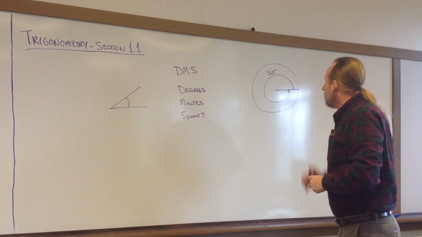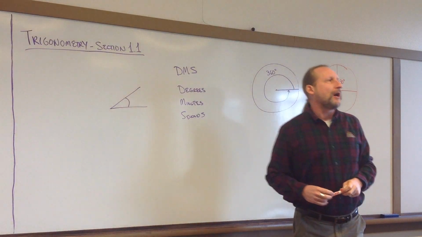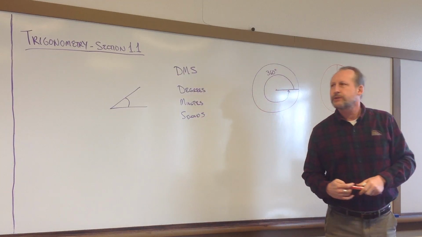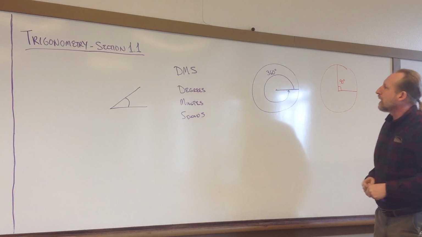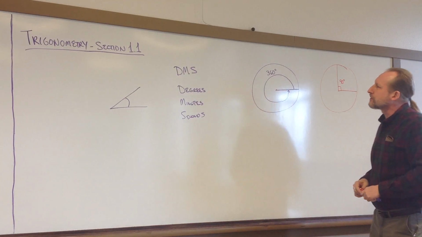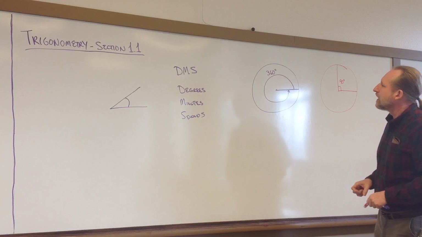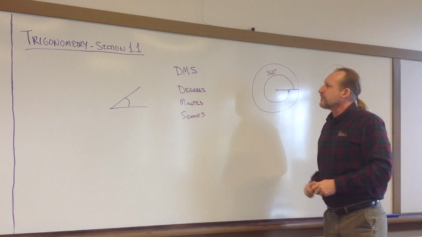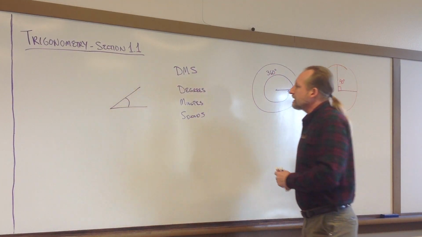Okay, and this comes to us really from Mesopotamia, ancient, what's present-day Iraq, the Tigris and Euphrates rivers, Babylon and Mesopotamia. They used this idea of 360 degrees, and the minutes and seconds.